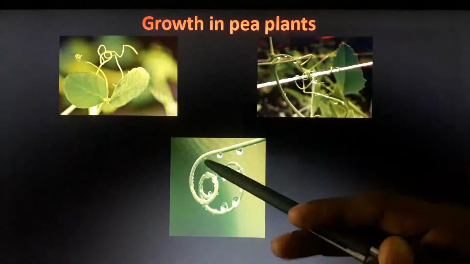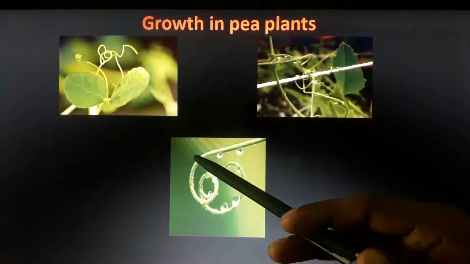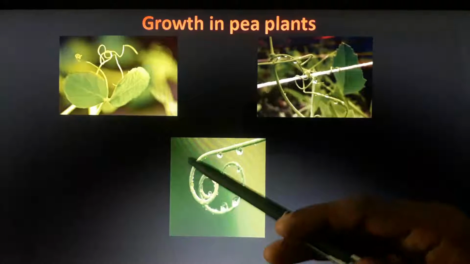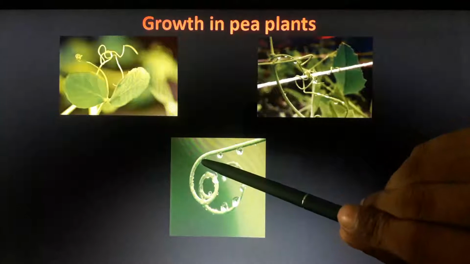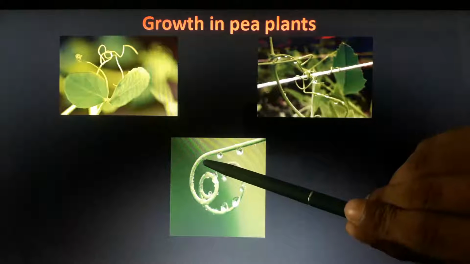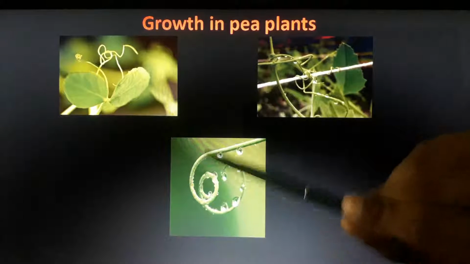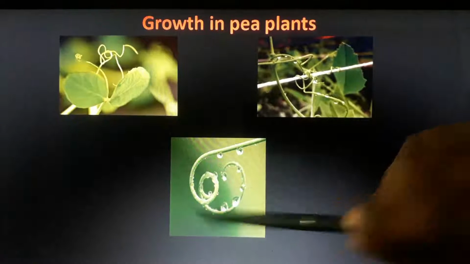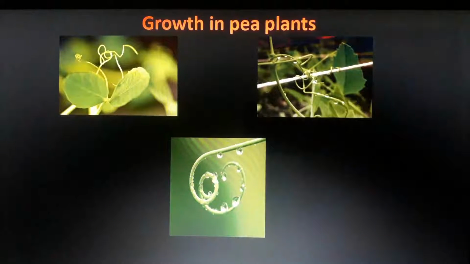So if this part is in touch, see this part, it won't grow. The other part is not in touch, the opposite side. Here this part is in touch with a plant or another fence. This part won't grow, so the other part will grow rapidly. So automatically what will happen? It will bend. Understand how this is happening?